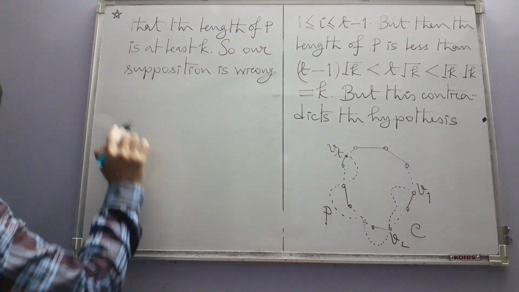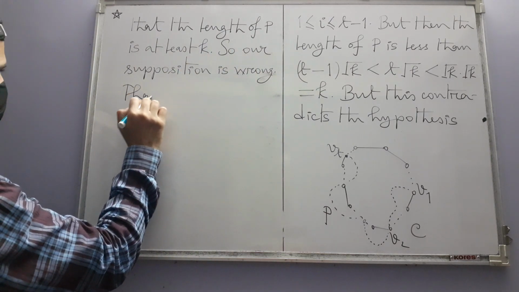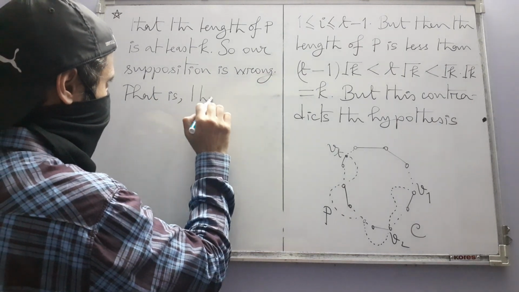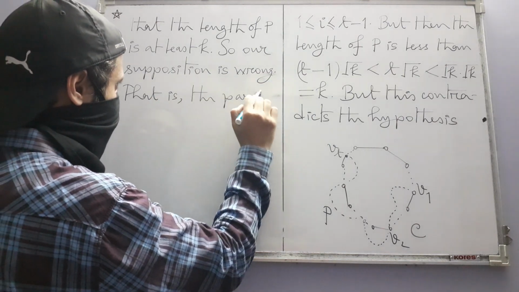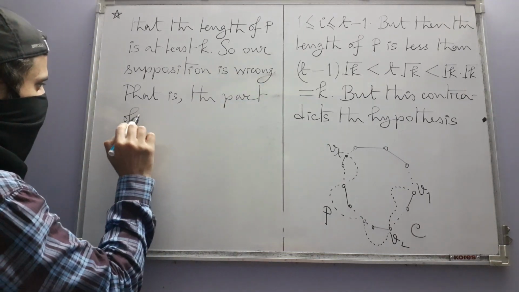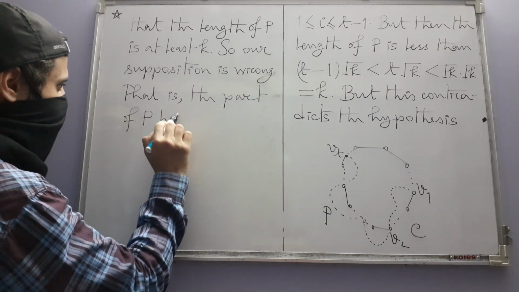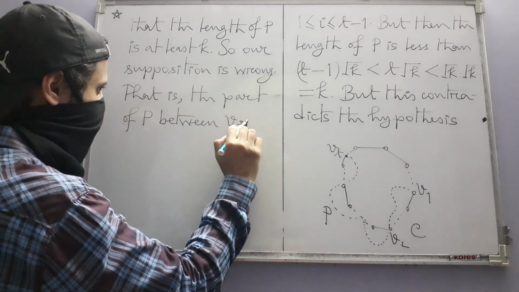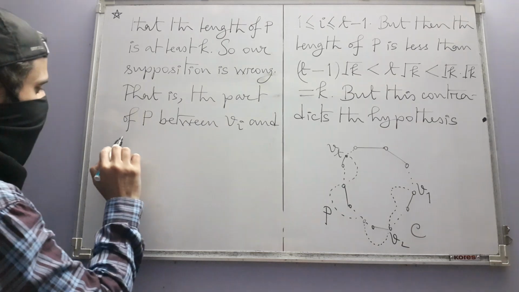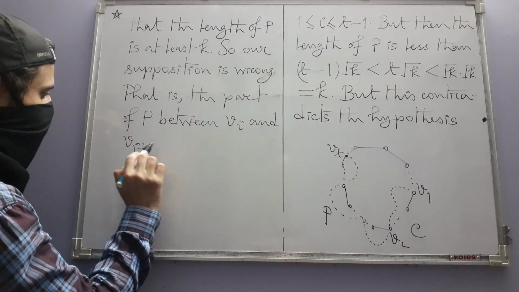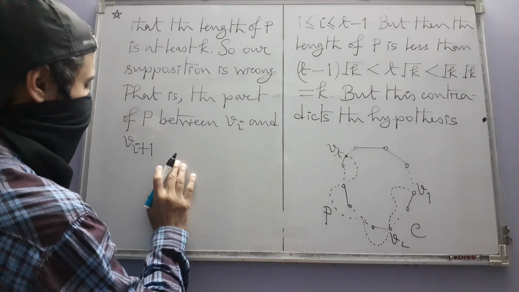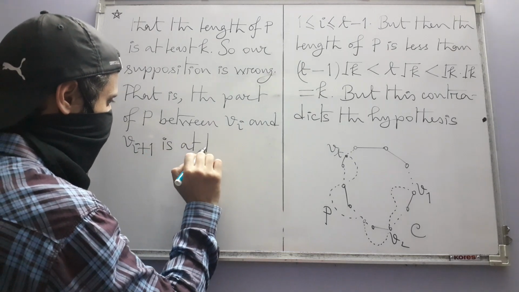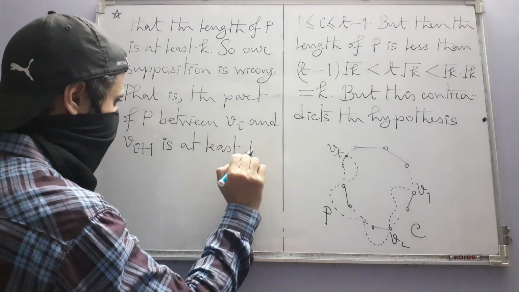So our supposition is wrong, and as a consequence, the part of the path P between v i and v i plus 1 is at least square root of k.